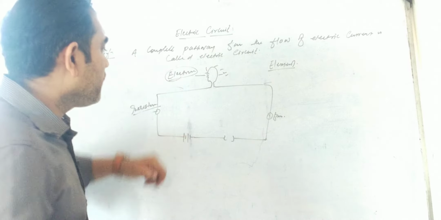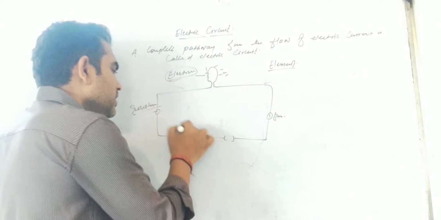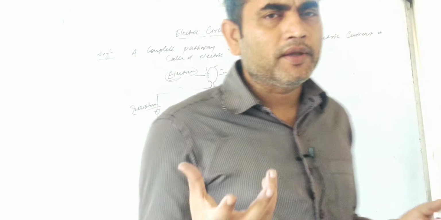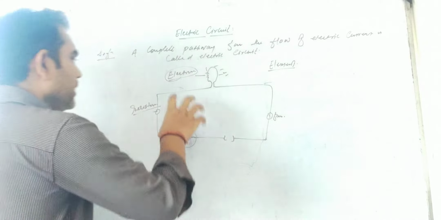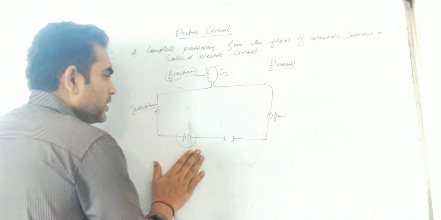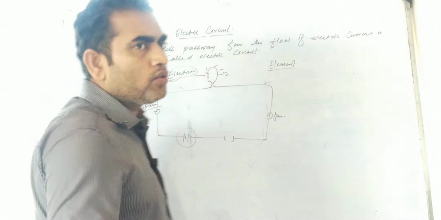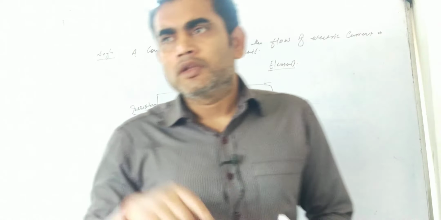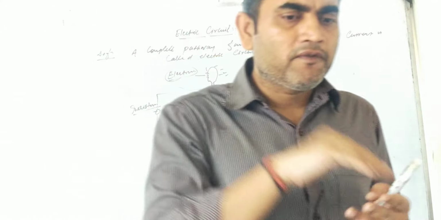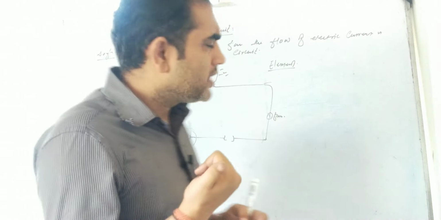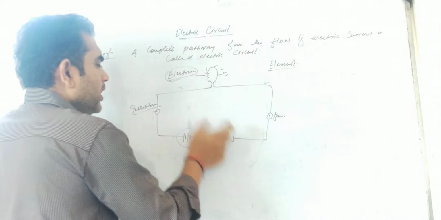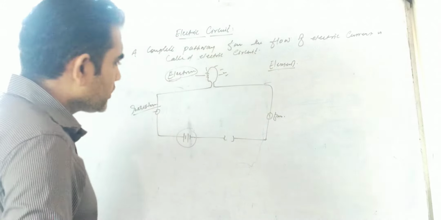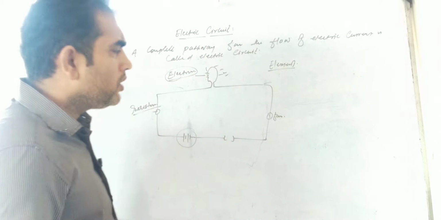Then a source of electricity, which can be the battery, the electrical mains, or anything from where we can get electricity. Then a switch, in order to regulate when the electricity will flow or not flow, by turning it on and off.